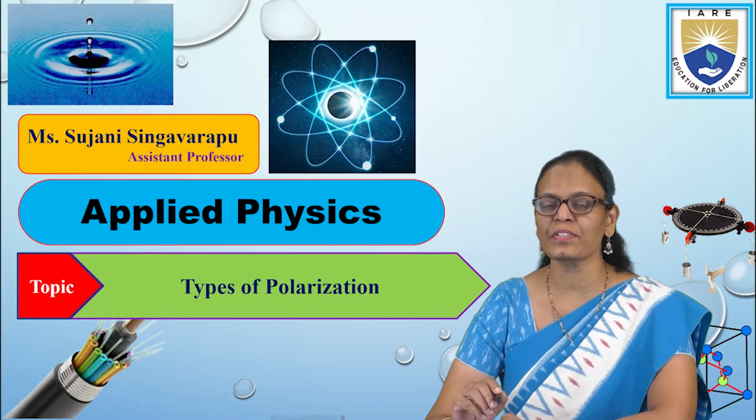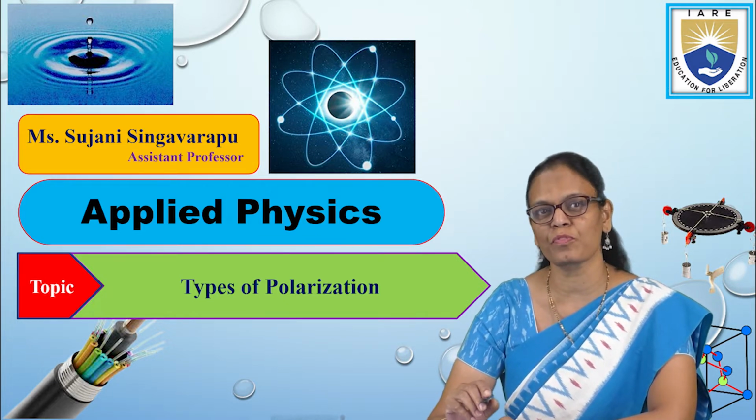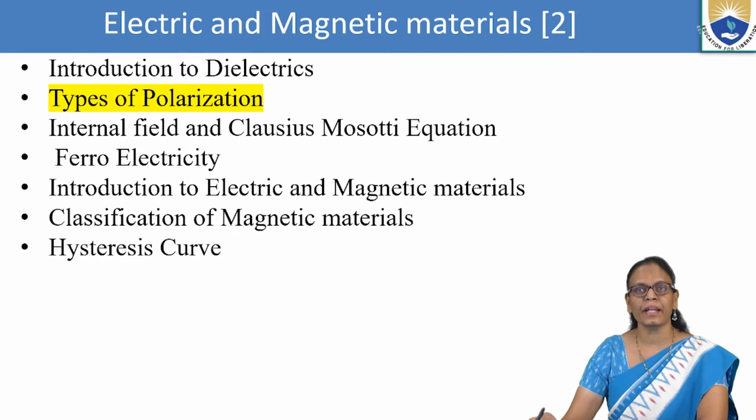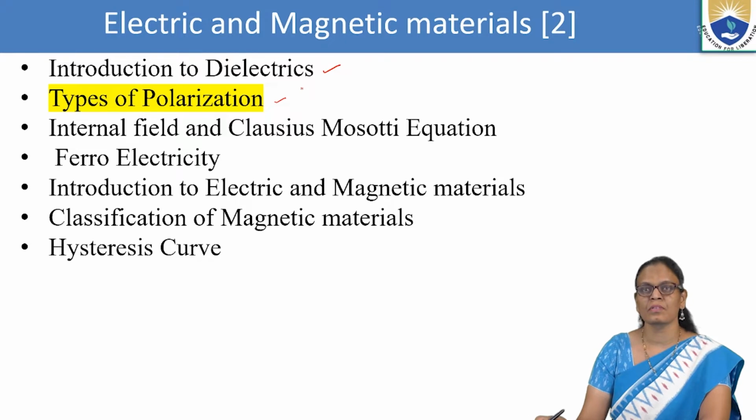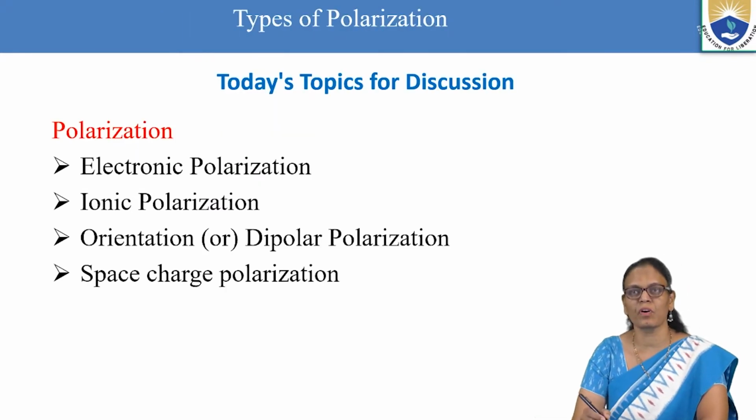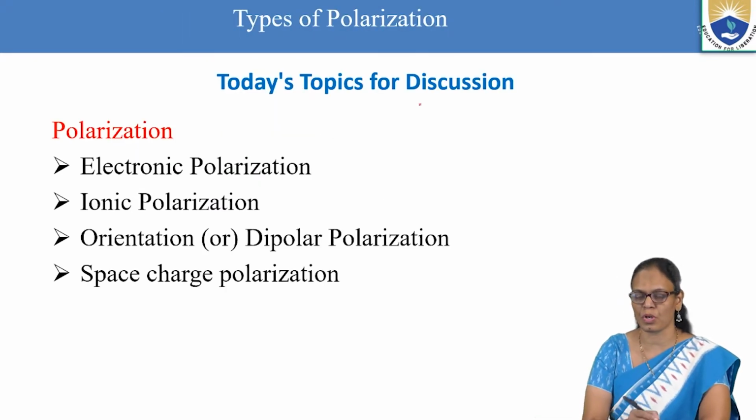Today, I'm going to discuss different types of polarization. Under the head electric and magnetic materials, we have already seen the introduction to dielectrics, and today we are discussing the types of polarization. So let us see the brief outline of how we are going to discuss this topic.